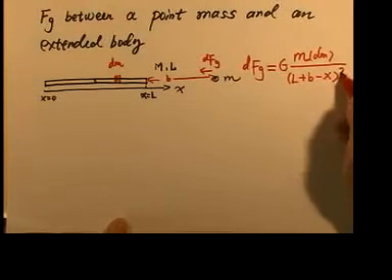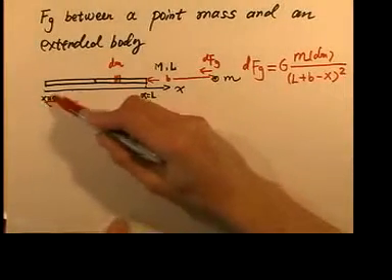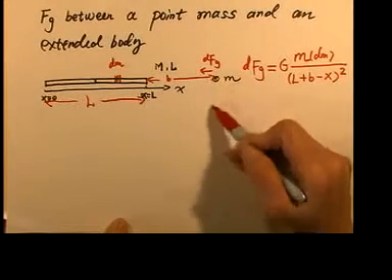Inverse square law, don't forget our scale. Why is that? Because the length of the ruler is L, plus b gives you this much.